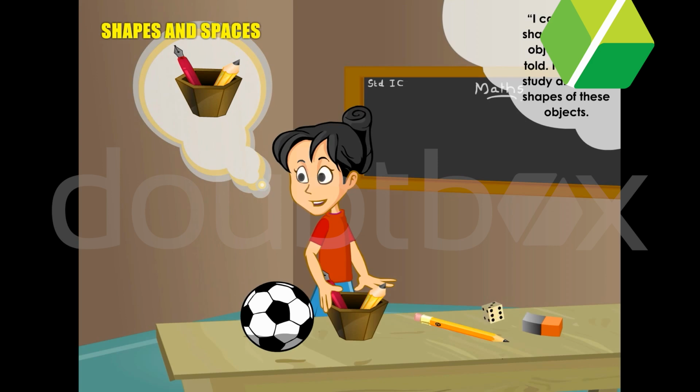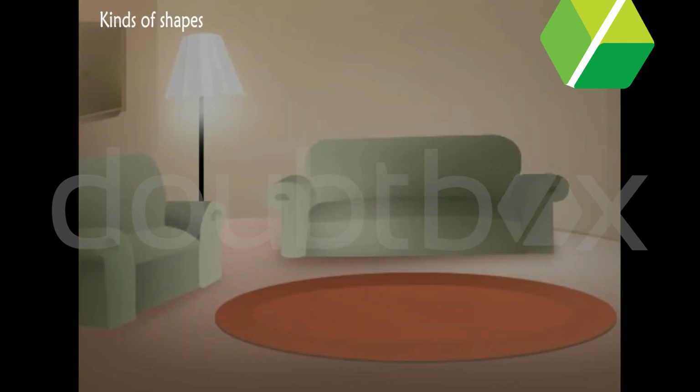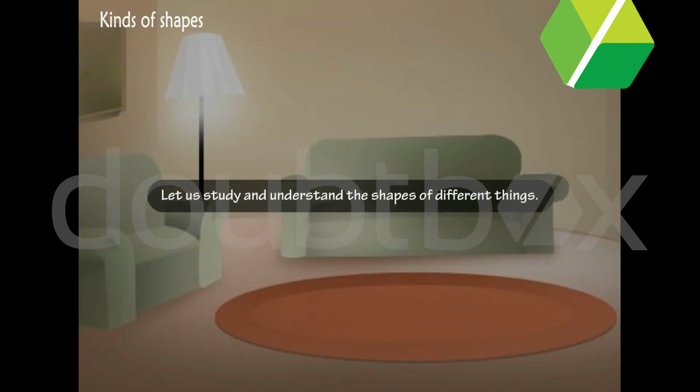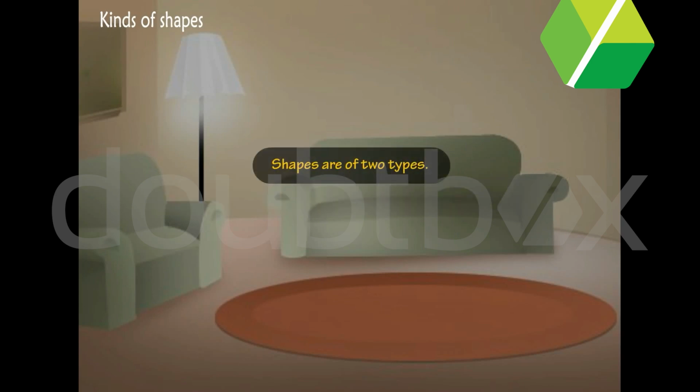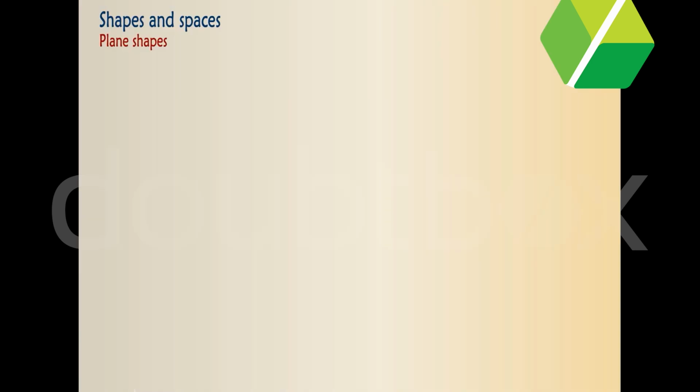Now let us study about the shapes of these objects. Kinds of shapes. Let us study and understand the shapes of different things. Shapes are of two types: plane shapes and solid shapes.